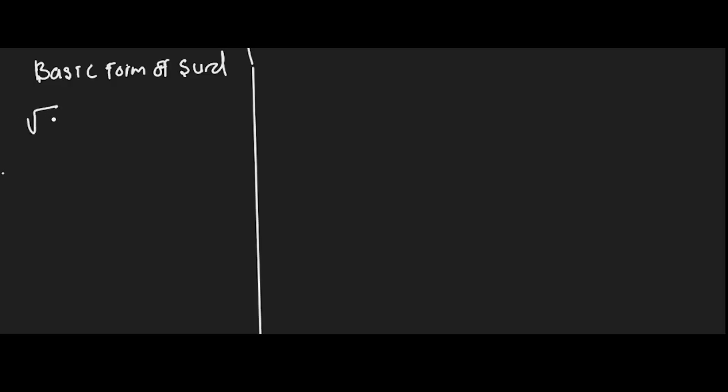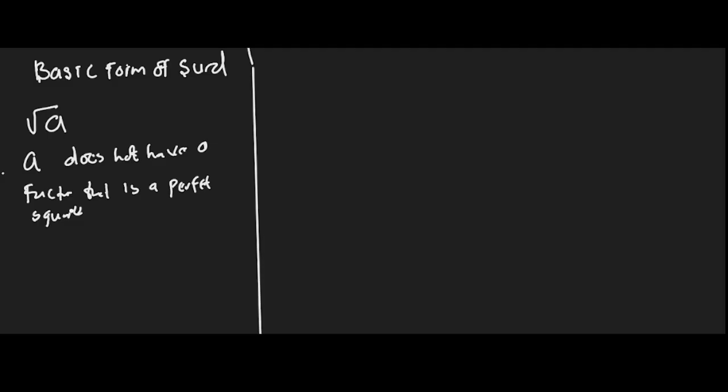If for instance you have root A, for this root A to be in its basic form, it means that A does not have a factor that is a perfect square.